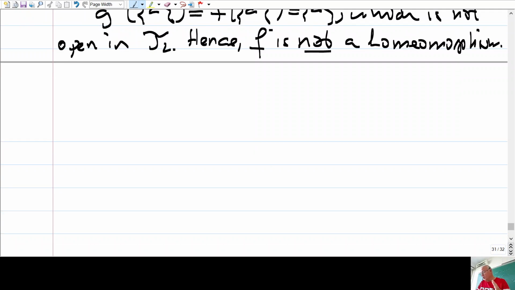Let me also talk about embedding, the topological embedding definition.